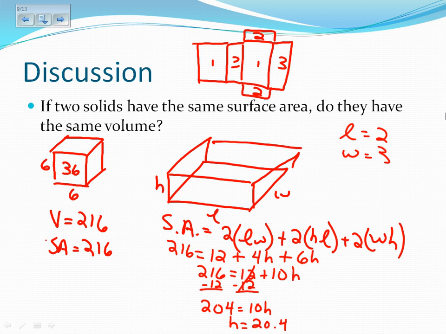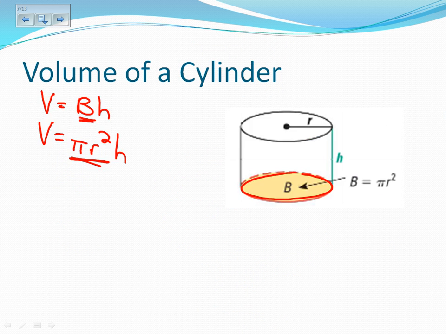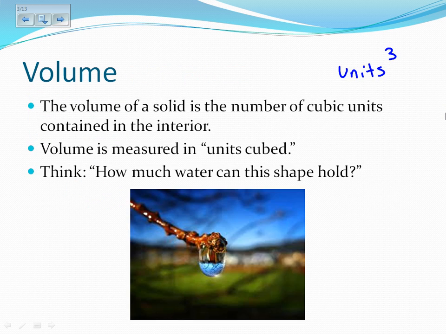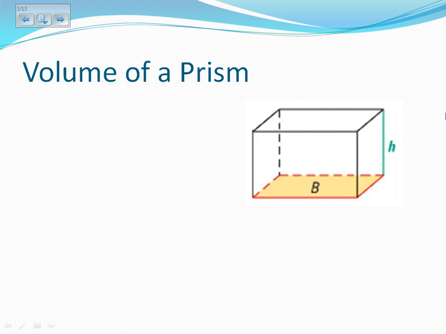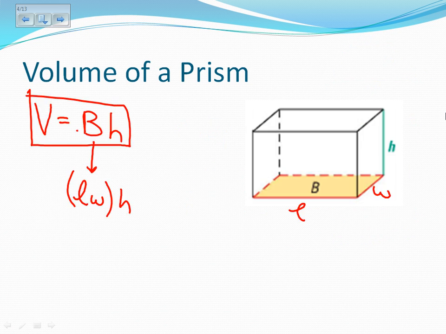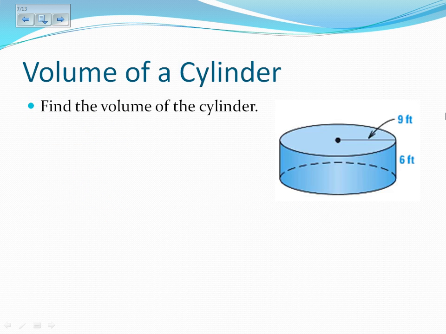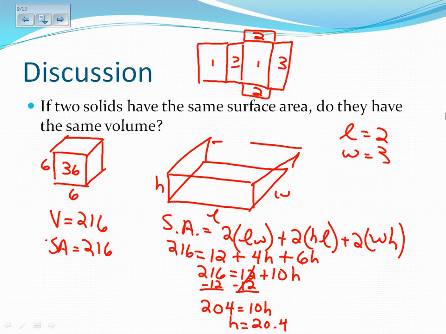This is a special case of one of these guys, length, width, height, because it's a rectangle on the bottom. So if we go back to our problem, we know the volume of this one.